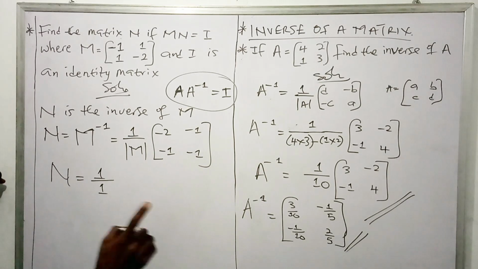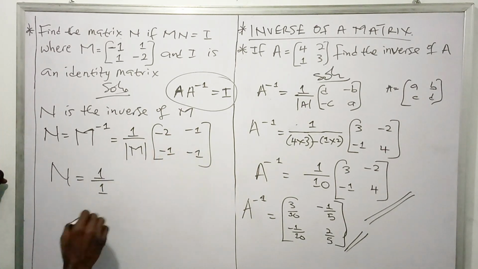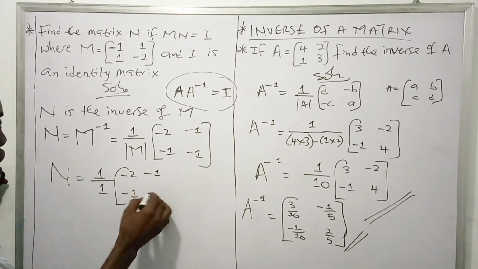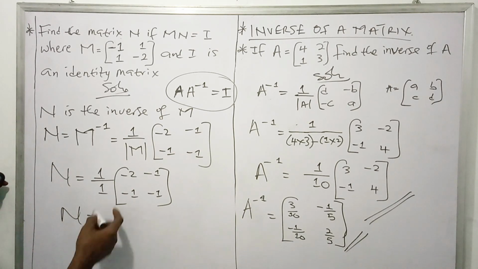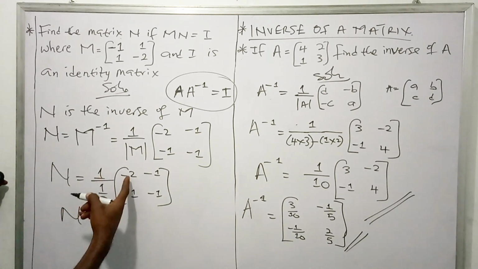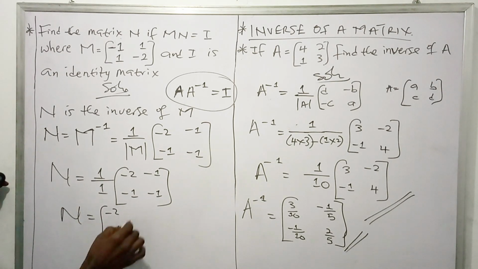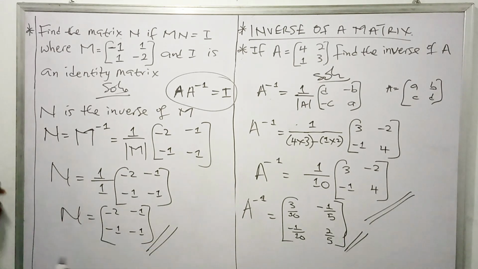Remember the determinant is the difference between the product of this and the product of this. So the value of N becomes, minus 2, minus 1, minus 1, minus 1, and that's the solution to this problem.